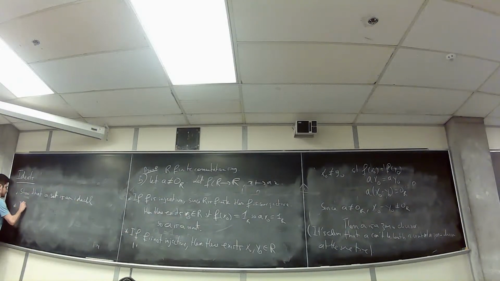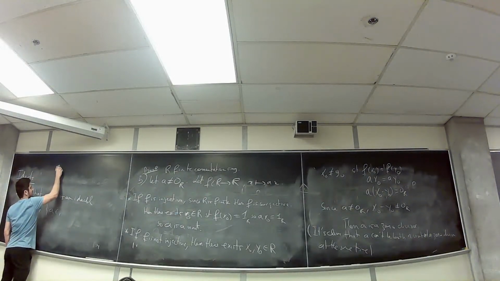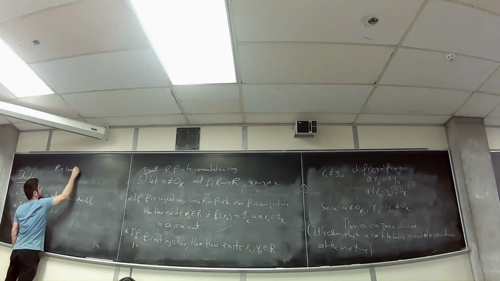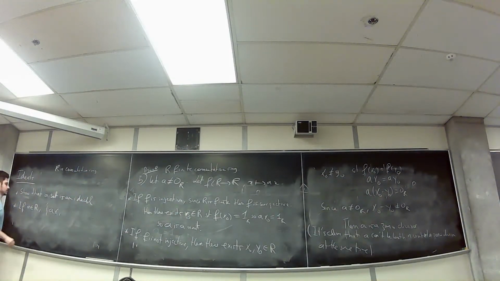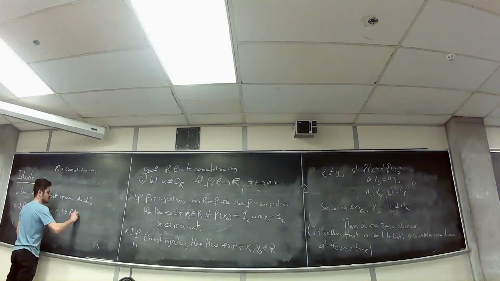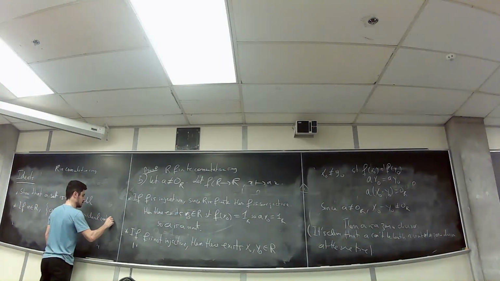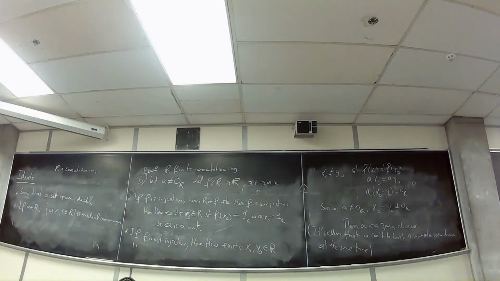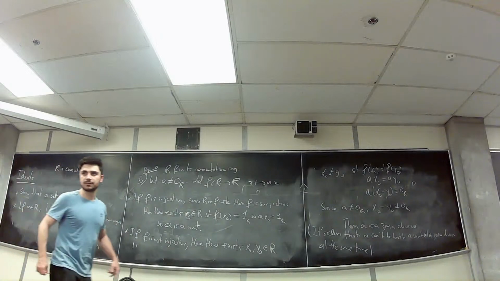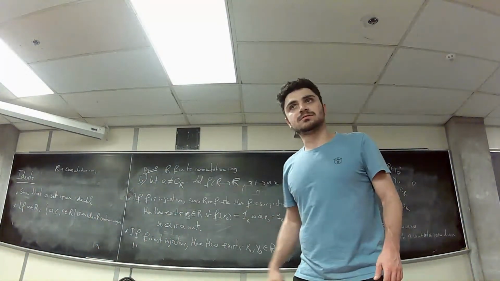So, if a is in R, then the set aR, where R is a commutative ring from now on, is an ideal containing a. That, for example, is the ideal we use in the proof that R is a field if and only if it has only two ideals, if you remember.